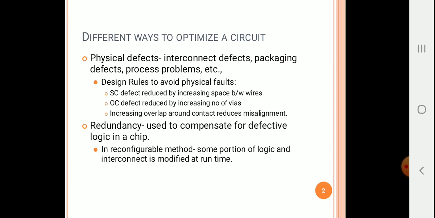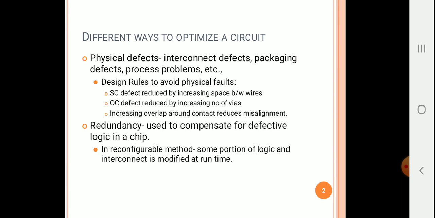In order to avoid these kinds of faults, some design rules have been proposed. If a short circuit fault is occurring, we can reduce it by increasing the space between the wires. Similarly, if an open circuit fault occurs, it can be reduced by increasing the number of via points across the interconnect.